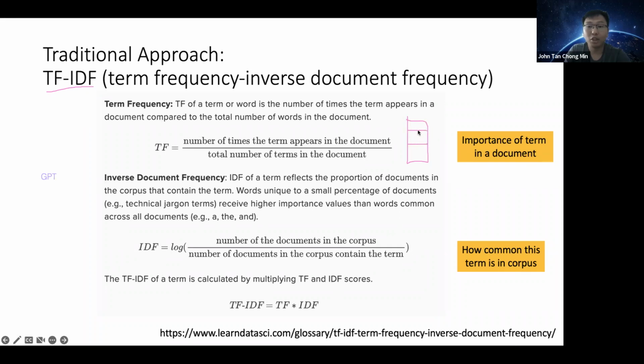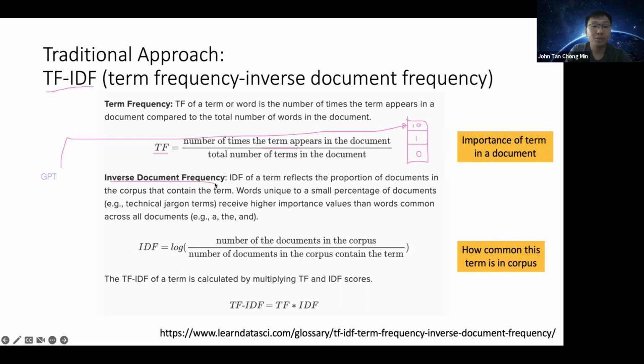For example, if the first document mentions the word GPT 10 times, the second document mentions it 1 time, and the third document mentions it 0 times, probably what you want to do is give a higher weighting to the first document, because the first document is more or less the one. So term frequency is the frequency of that term divided by the total terms in the document. This is how often it's mentioned.